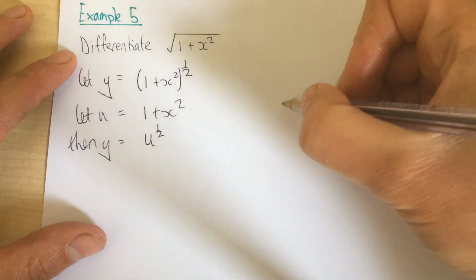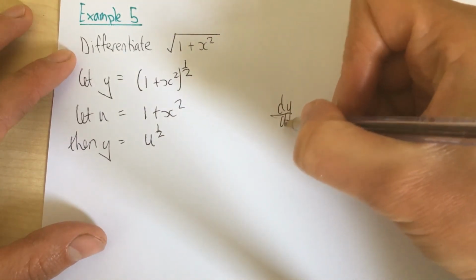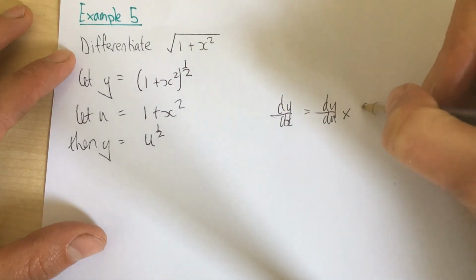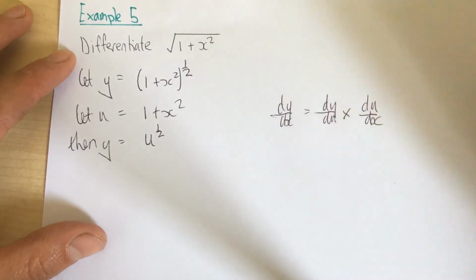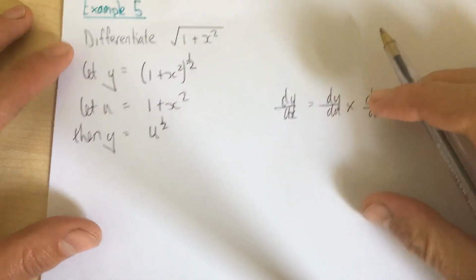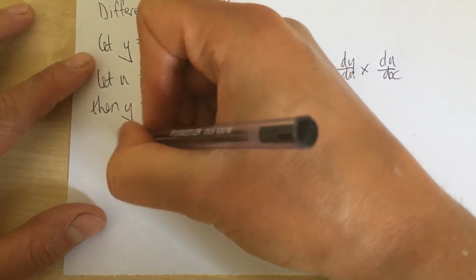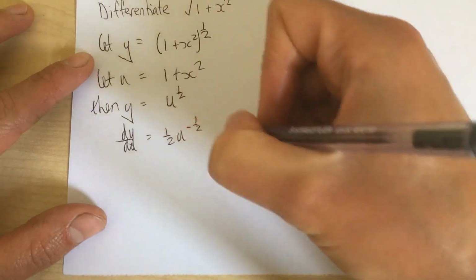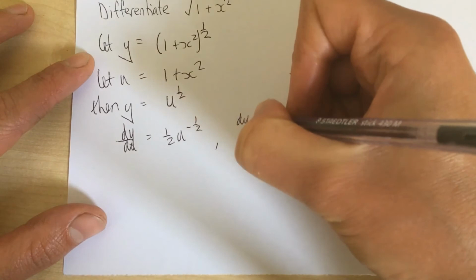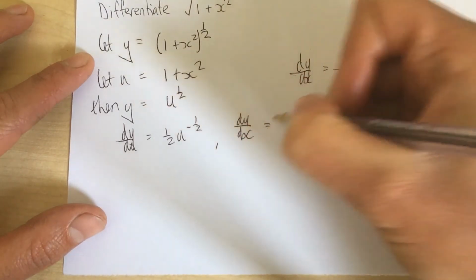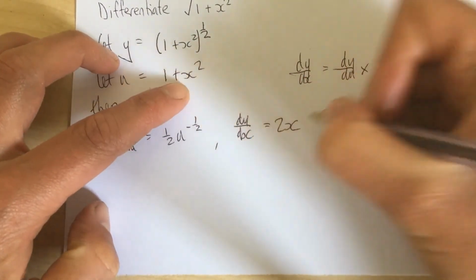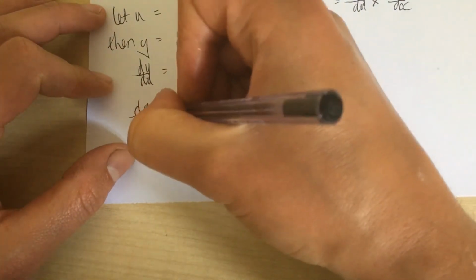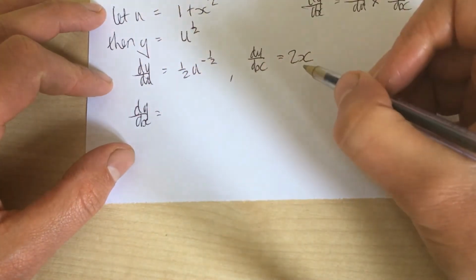Now remember the chain rule. dy/dx equals dy/du multiplied by du/dx. Let's find these two terms. dy/du is equal to a half u to the power of minus a half, and du/dx is equal to 2x. And now I can say that dy/dx is the product of these two terms.